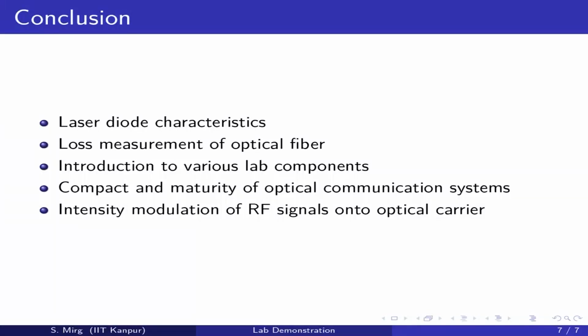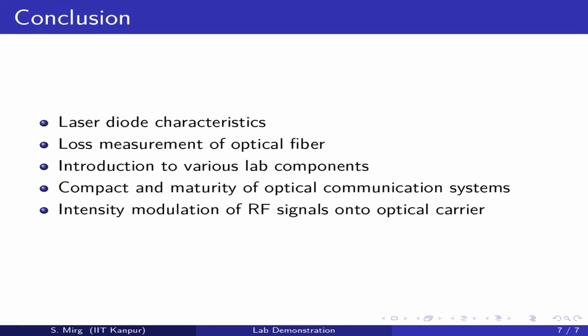To conclude, we did 3 experiments today. I showed you how a 1550 nanometer laser diode operates, and then we moved on to the loss measurement of a 50 kilometer fiber. As we have seen in our lectures, the loss is around 0.2 dB per kilometer, and in the lab conditions we showed that the loss came out to be 0.2 dB per kilometer, hence agreeing with the theory.